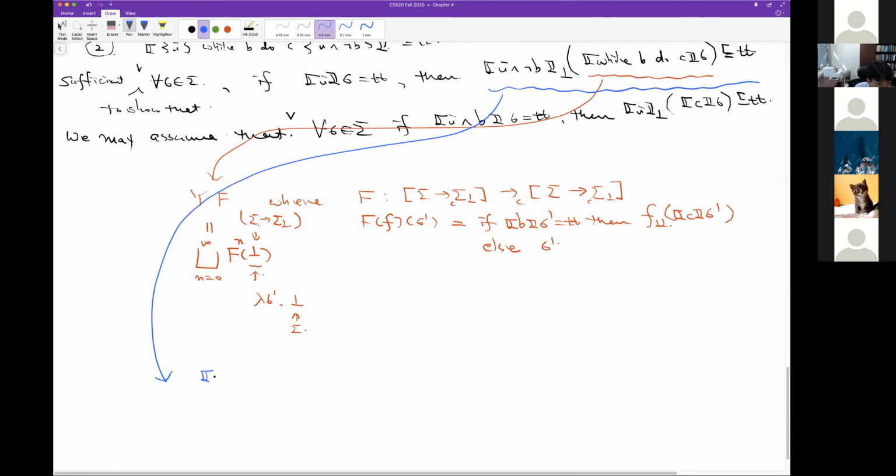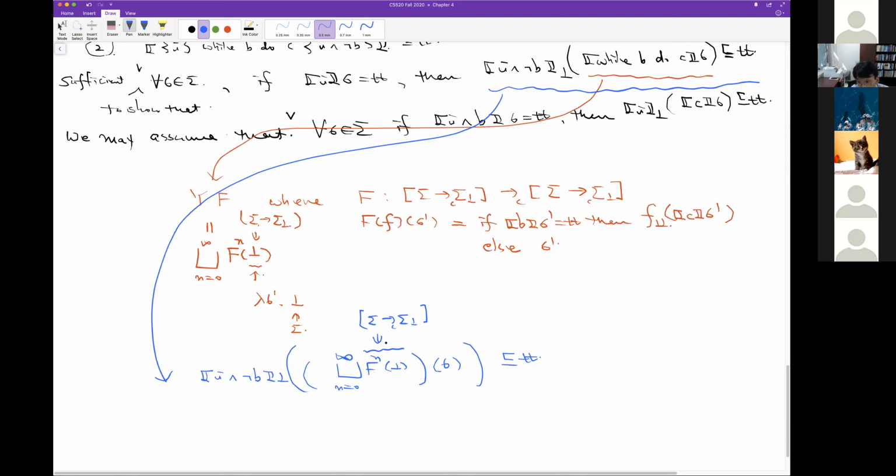We say I and negation of B bottom, and then the least upper bound for n equal to 0 to infinity of F^n bottom, applied to sigma, is less than or equal to T. But now this F^n bottom, this whole thing, lives in semantic command. So it lives in this domain.